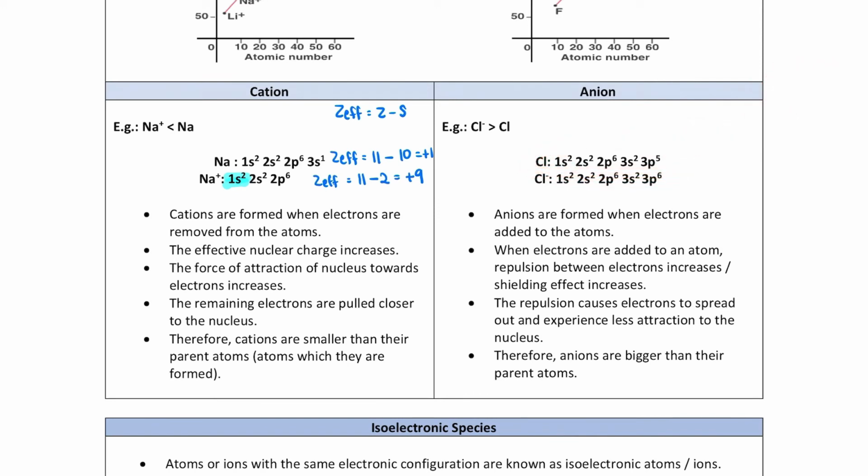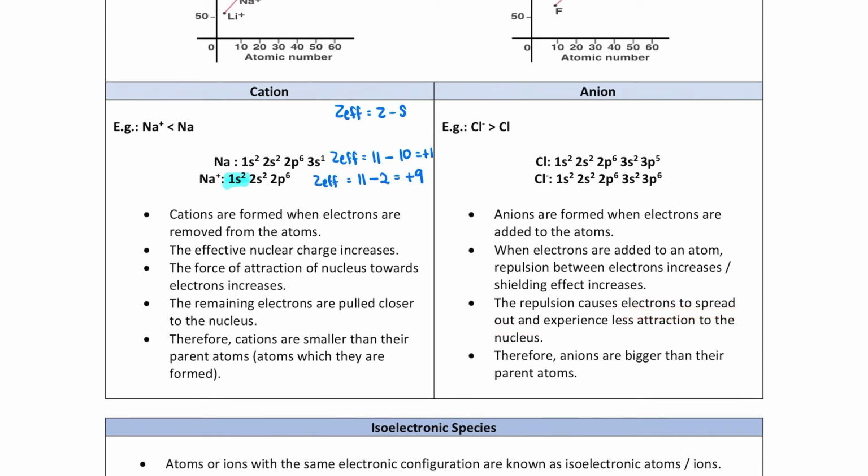Then you want to add some more. The electrons inside will repel the new electron coming in. This repulsion between electrons is what we call shielding effect, mutual repulsion between electrons. When mutual repulsion between electrons increases, the repulsion will cause the electrons to spread out.